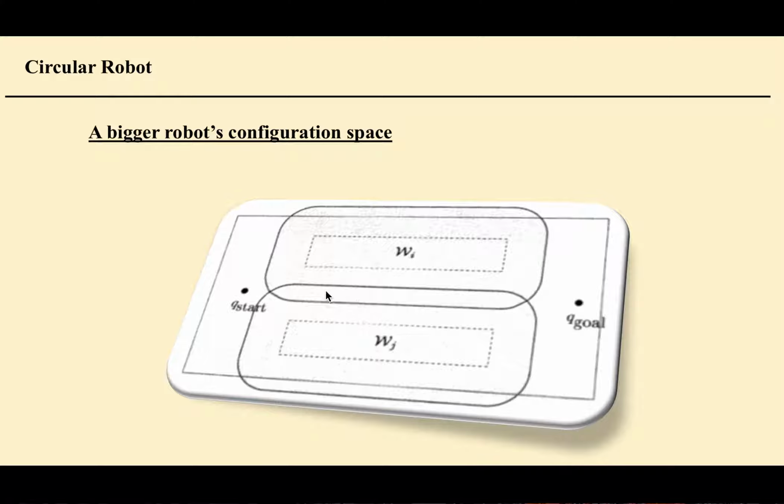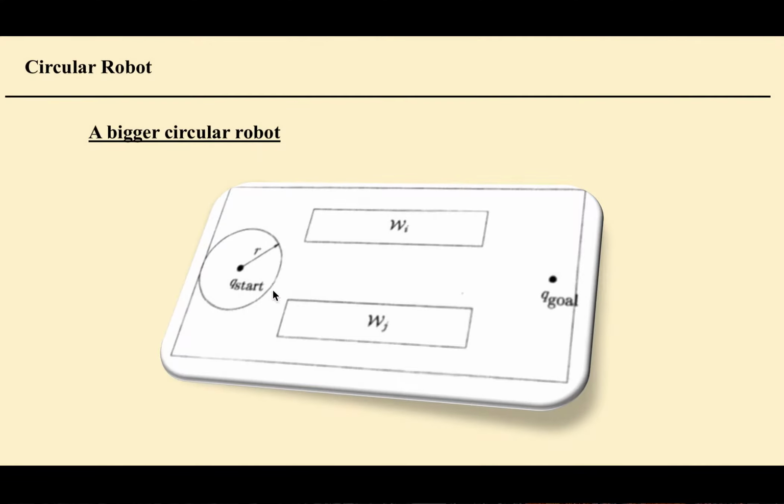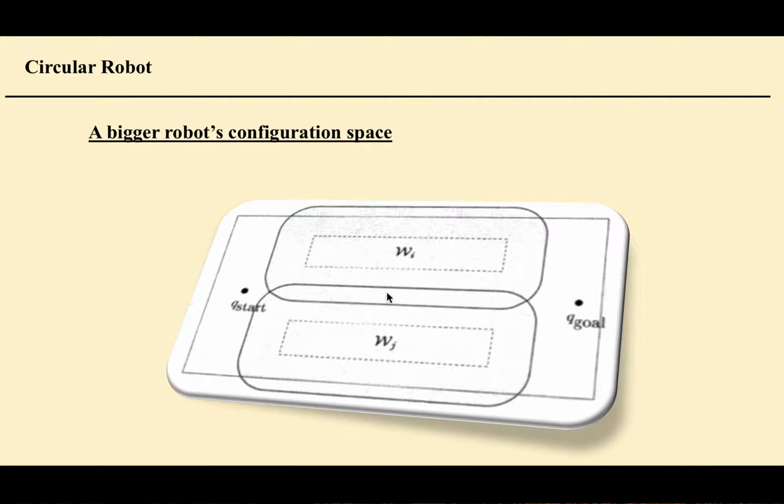As we can see here, the obstacles are already colliding with each other. So there is no way this bigger circular robot would be able to go from the initial point to the goal point without colliding with these obstacles, because its size is way bigger than the space between those two impediments. So this was a simple idea to understand exactly what C space is.